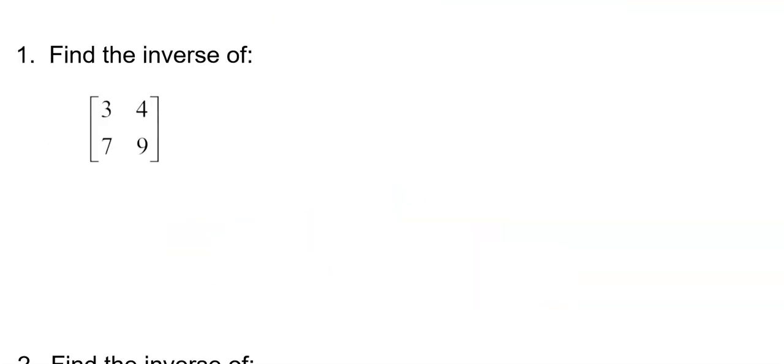So find the inverse of this one. Just make sure you know the formula. I'm just writing it like that, so I know to find the inverse. So this is going to be 1 over the determinant, which is 3 times 9, minus 7 times 4, times, I'm going to switch the 3 and the 9.